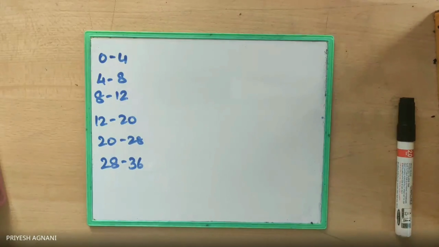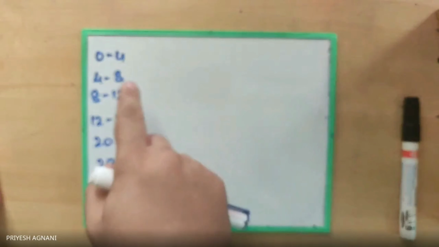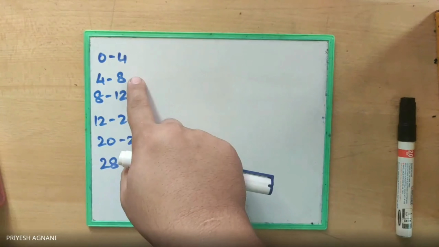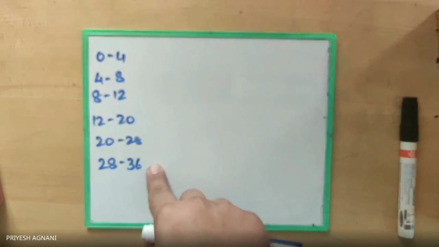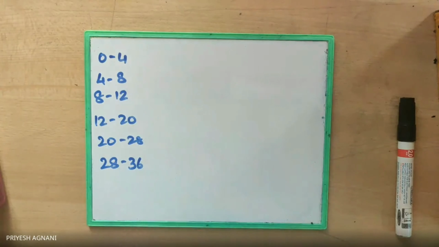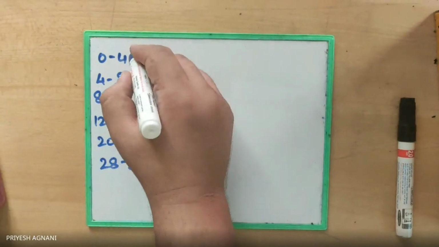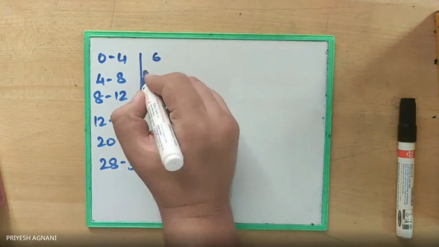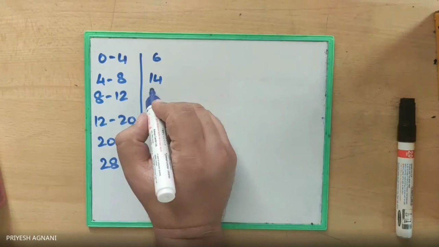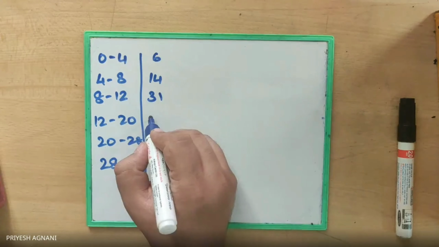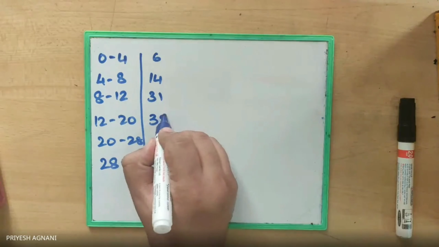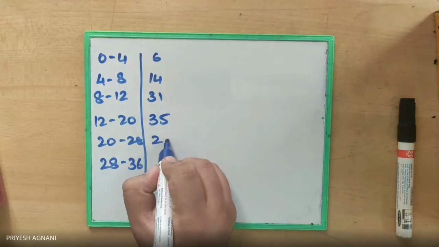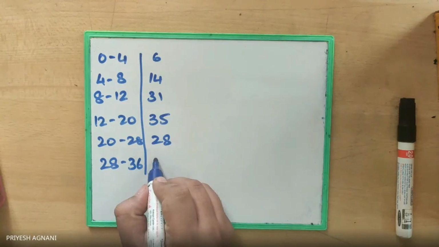Here, as you can see, there are different gaps, different class lengths. Here it is 4, 4, 8, 8, 8, and 8. Don't worry about it. The frequency given over here is 6, 14, 31, 35, 28, and 16.